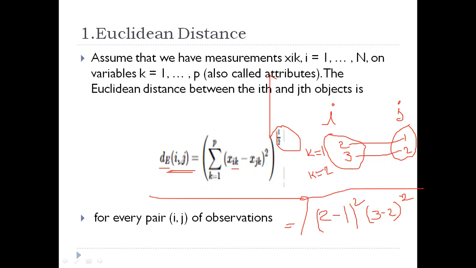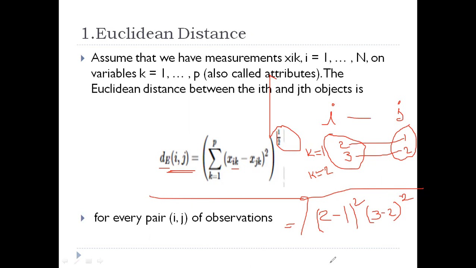Euclidean distance of i comma j, where this is the ith cluster and this is the jth cluster, equals root of (2 minus 1, the first data point in the ith cluster and first data point in the jth cluster, whole square) plus (3 minus 2) whole square. This is the distance between the ith cluster and the jth cluster, the overall distance between these two.